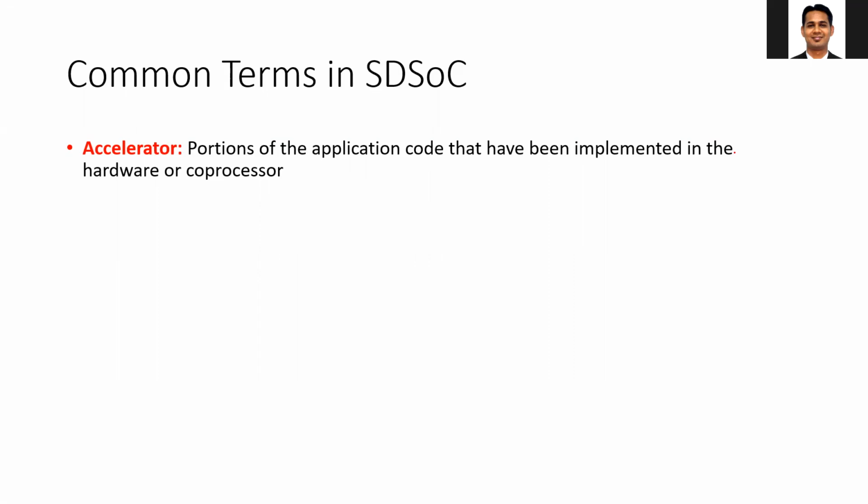You are shifting the task from the processor to some other coprocessor or the hardware. That is termed as an accelerator. In the SDSoC, most of the time, this accelerator is implemented in the FPGA, but this may not be the case in the MPSoC where you have the additional coprocessor along with the regular ARM processor.